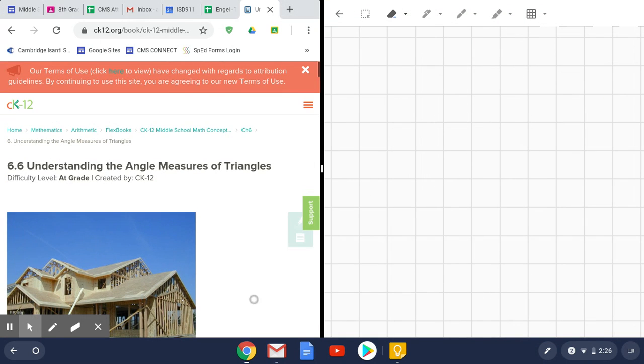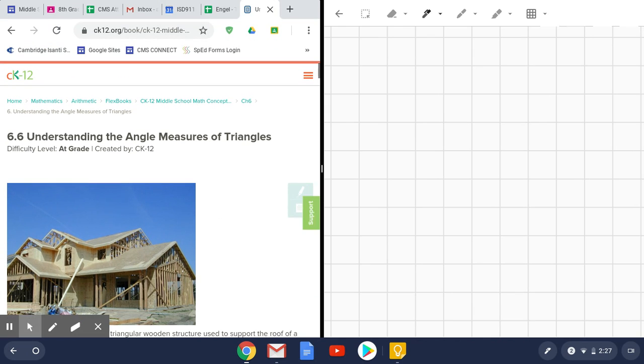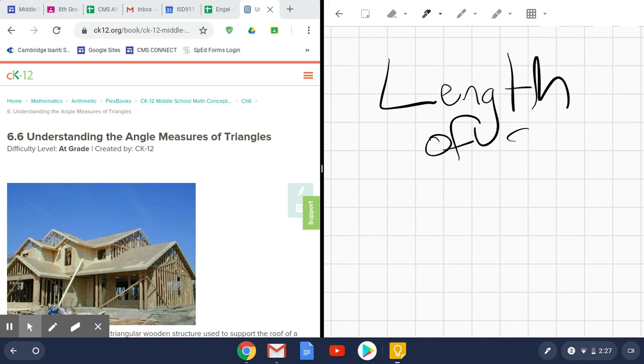We are going to continue our unit on triangles. On Google Classroom, you will see a link to a CK12 textbook titled Understanding the Angle Measures of Triangles. Now we have learned that triangles can be measured by the length of sides, or the angles.